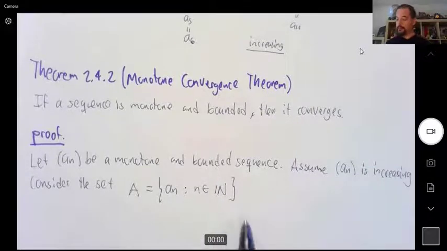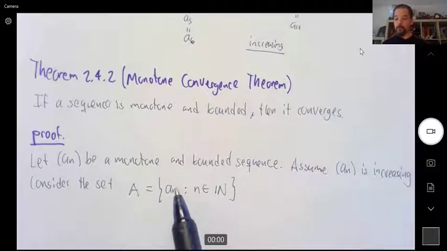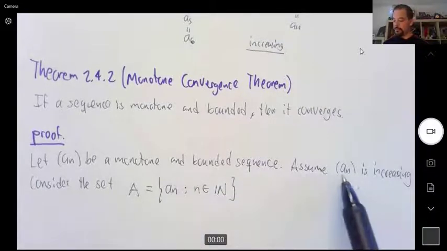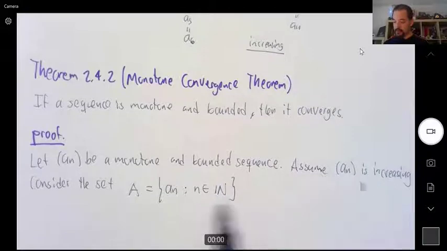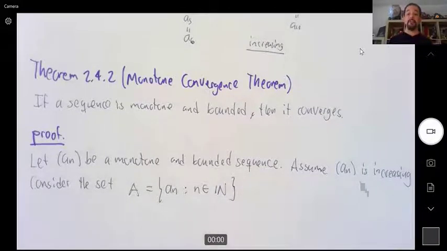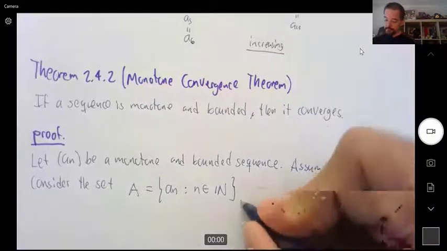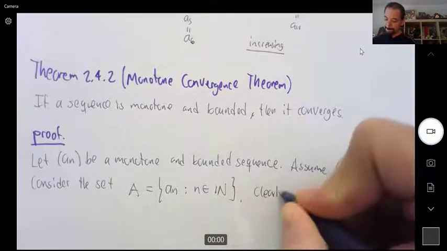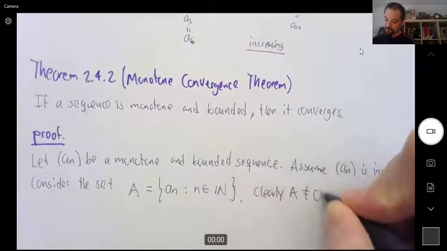Well, maybe some of them are repeated, right? I actually cannot say that it's infinite, because maybe a lot of the a_n's are the same, right? Like one of you mentioned before, if this sequence is constant, then this set only has one element. But for sure, it has at least one element, right? So I'm going to say clearly A is non-empty.